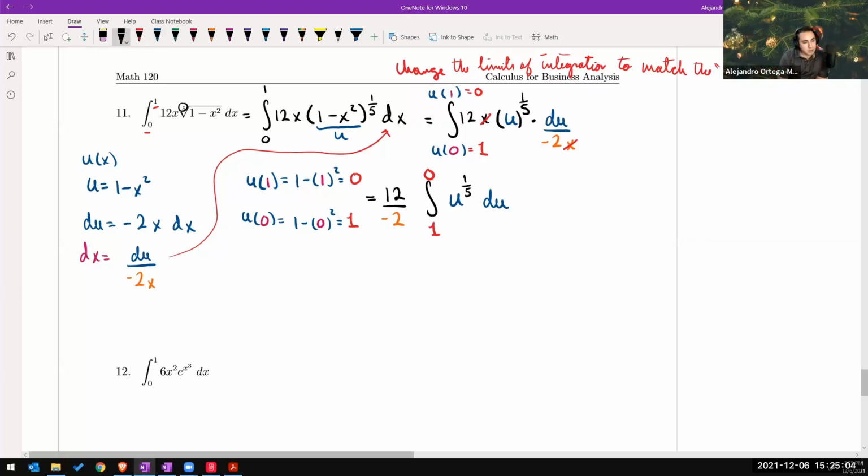So this is going to be 12 divided by -2, that's -6, times, let's see, what is the antiderivative of u to the 1/5? It's u to the 1/5 plus 1. What is that? 1/5 plus 1 is 6/5, times 5 over 6.